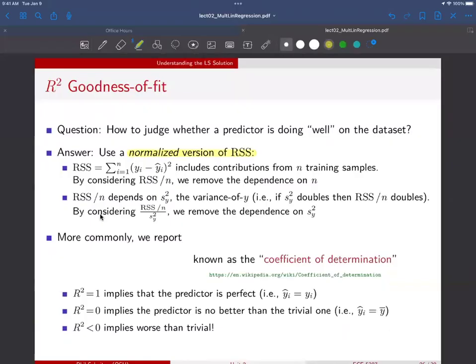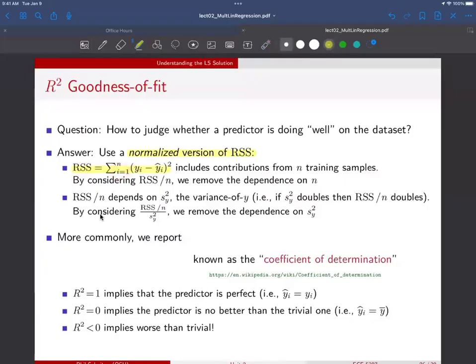The reason why RSS alone is not very useful is, if you think back to the RSS expression, it sums over all your training samples, which means that as you have more training samples, the RSS gets larger. And so a large RSS is not necessarily bad. It just might reflect the fact that you have lots of training samples.